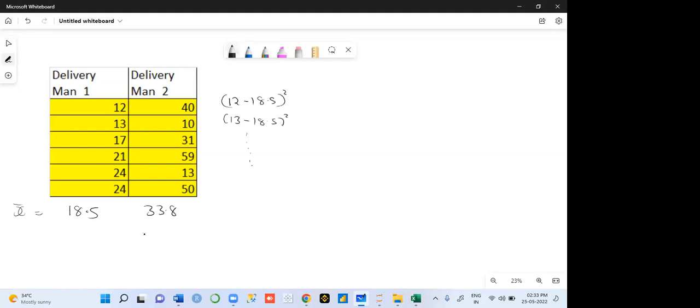Can you do for all? Then give me the sum. So the variance is summation xi minus x bar whole square divided by n minus 1. So here you are just solving xi minus x bar square.